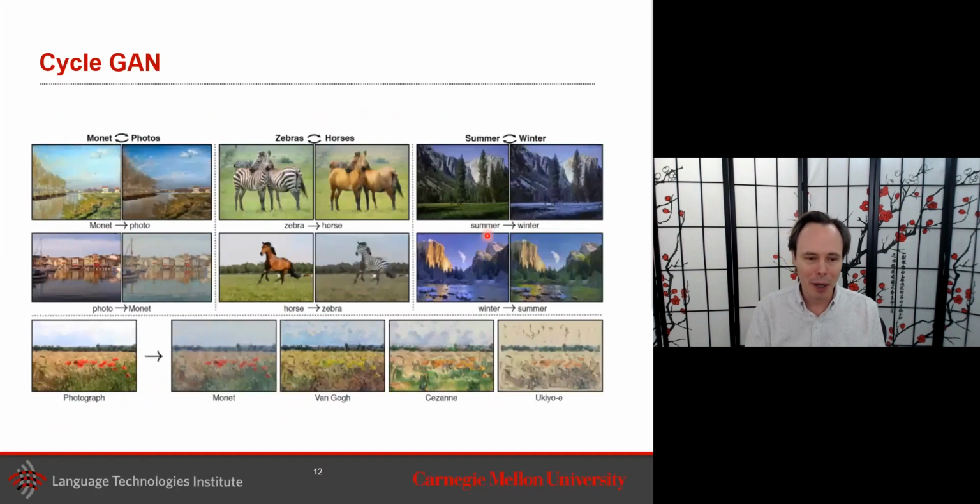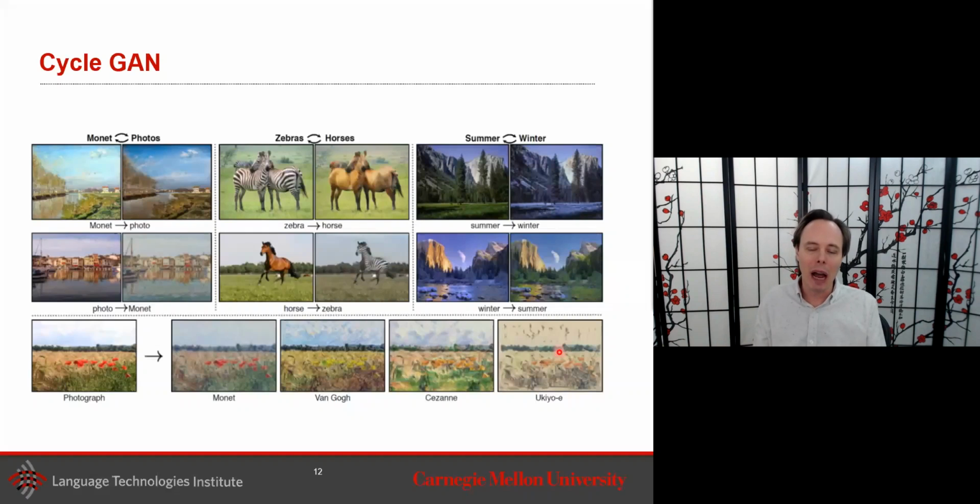And that was really impressive work, with results starting from a photograph. Because it knows the style of a specific painter, it was able to switch to how Van Gogh, Cézanne, or some other painters would have done it. If you have your X and Y, maybe both are images, but some are taken during the summer and some during the winter.